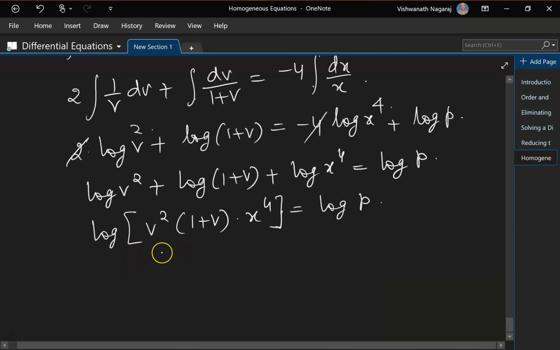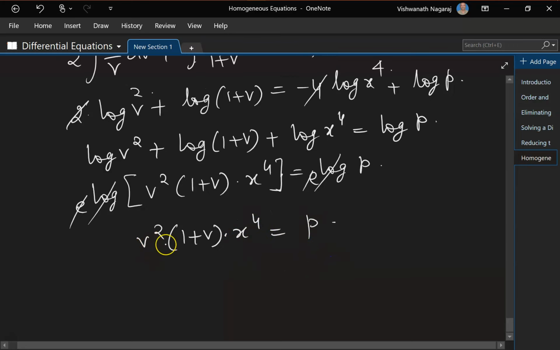Now we want to get rid of this log, so exponentiate it. So this and this get cancelled, this and this get cancelled. We are left with v squared times (1 plus v) times x to the power of 4 is equal to p. Let's substitute v with what? v is equal to y by x. So y square by x square times (1 plus y by x) times x to the power of 4 is equal to p.